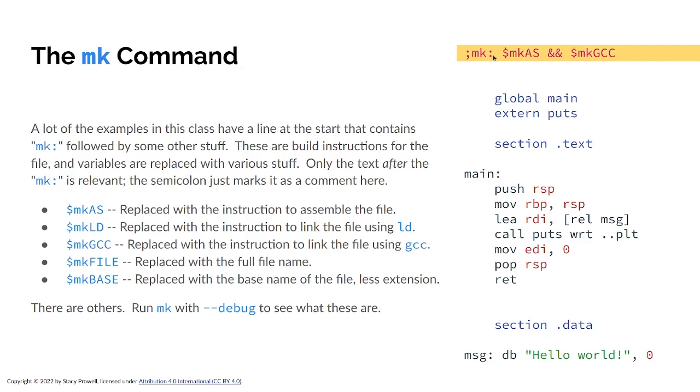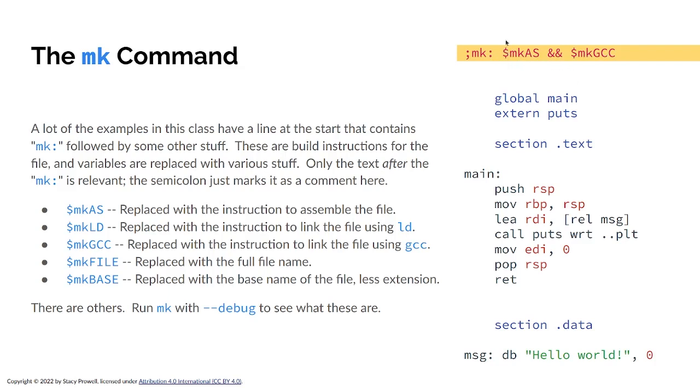The script looks for these three characters, MK:. That's it. When it finds those three, it takes everything from this point over and interprets that as a shell command. So the shell is going to be given this. Now, what is this?